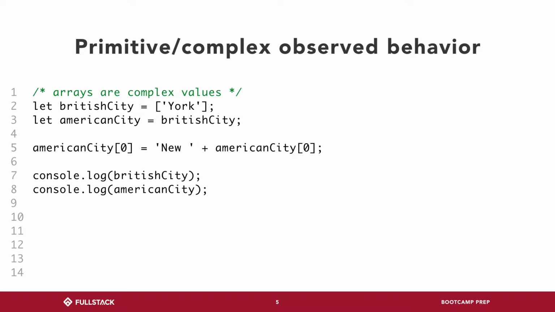When we have let British city, what is happening is that there's some memory in the computer. We call this memory address 0x111. That is being told, okay, we now have a variable called British city. If the value of British city was a string, then at this address, 0x111, we would also store a string.